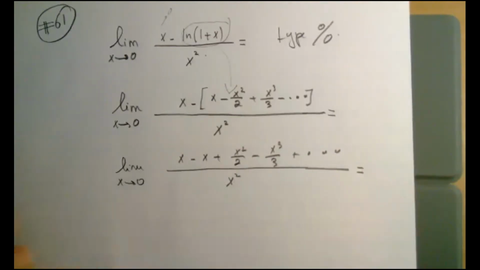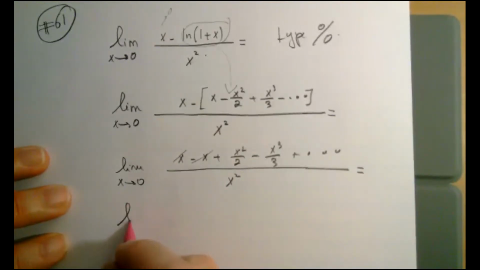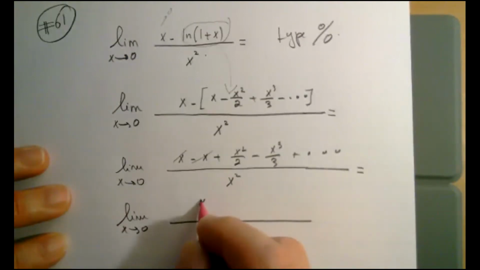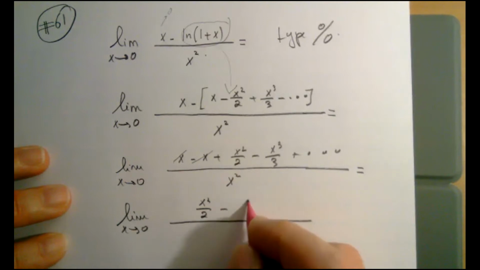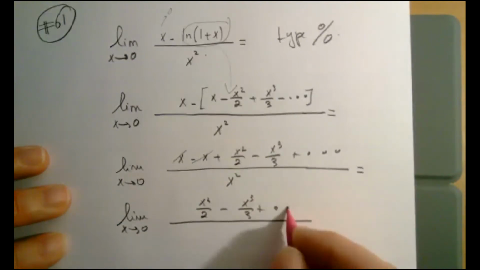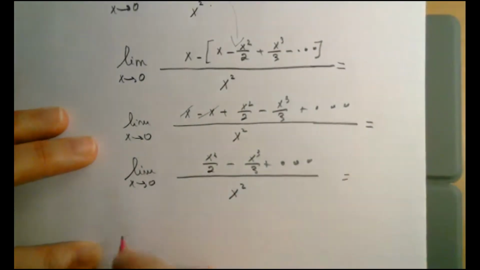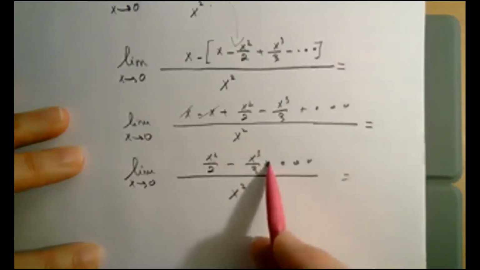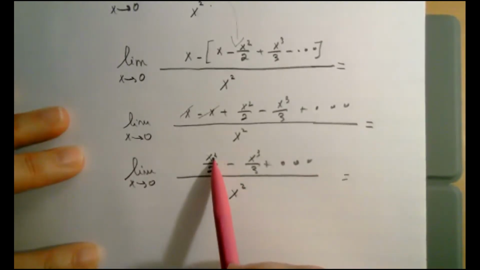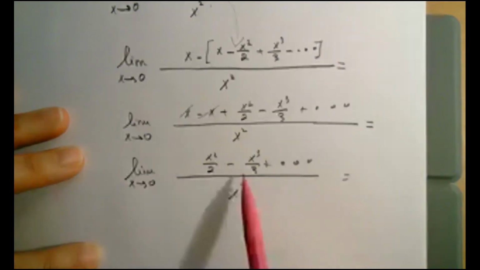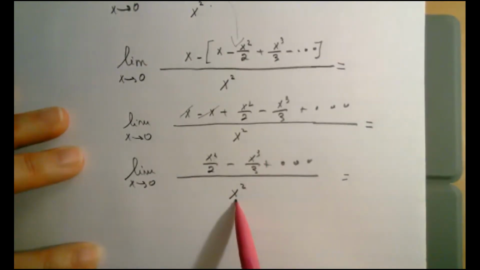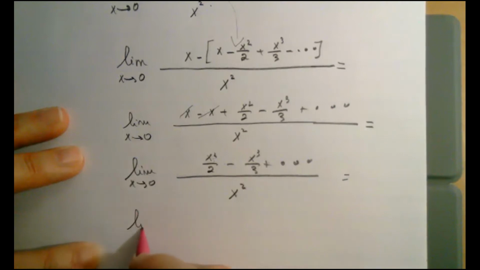So this is going to be x minus x, just simplify, and the limit as x goes to 0 of x squared over 2 minus x cubed over 3, the whole thing over x squared. So this is equal to what? Now I will divide term by term. So it's x squared over 2 divided by x squared minus x cubed over 3 divided by x squared. If I do that, what will I get?